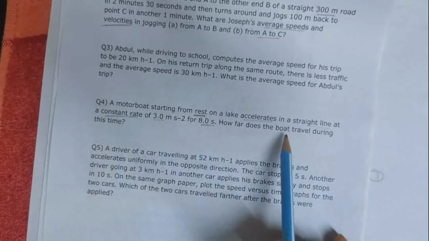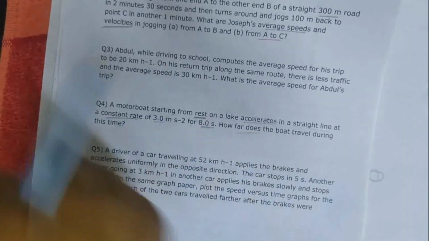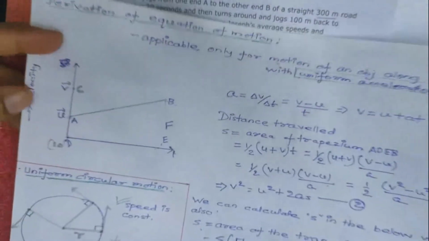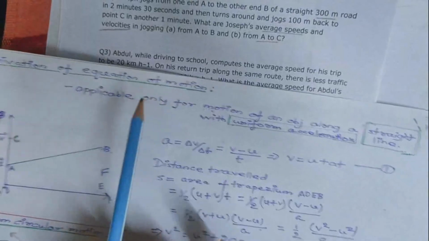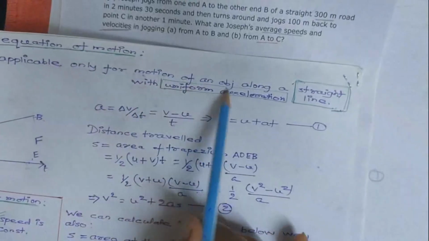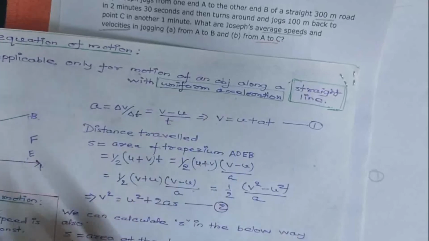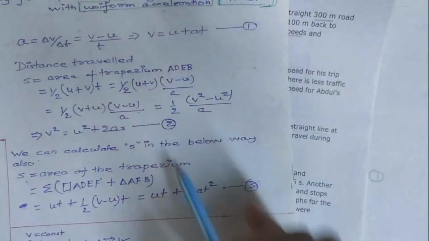It is asking us to calculate how far distance traveled. Derivation of equations of motion is applicable only for motion of an object along a straight line with uniform acceleration. Uniform acceleration means constant acceleration. So these equations of motion we can apply here.